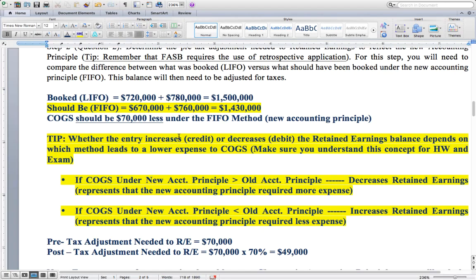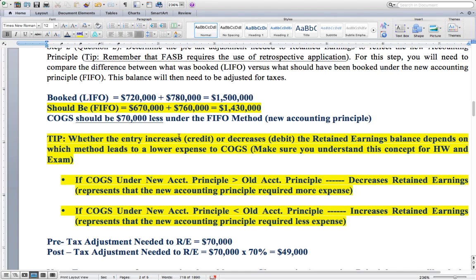This represents that the new principle required more expense, and more expense means less income, which means less net income that is pulled into retained earnings at the end of each year.